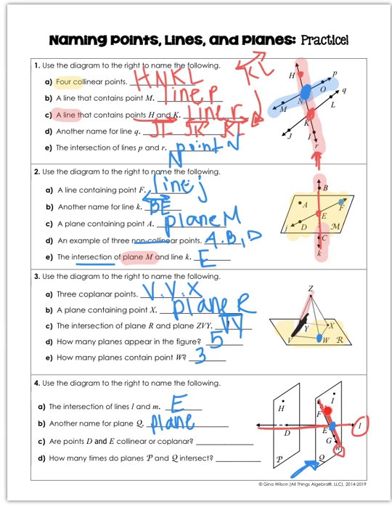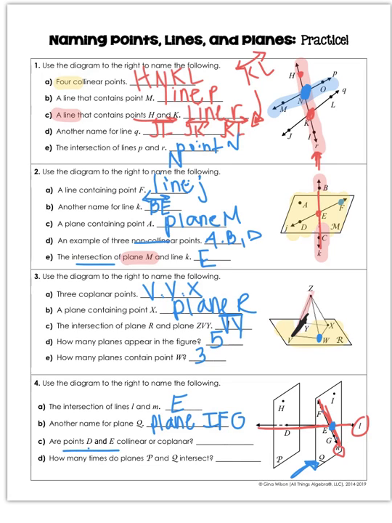I see these 3 are on the same line in this plane, so those are collinear, but I need a point that's not on this line if I want to use it to name the plane. So I see I over here, so I'm going to use I, and then I can use F and G to finish naming that plane, as long as I have 1 point that's not on that line.